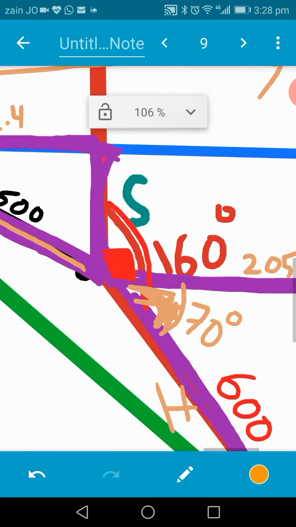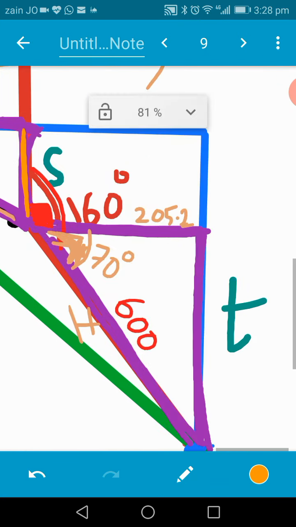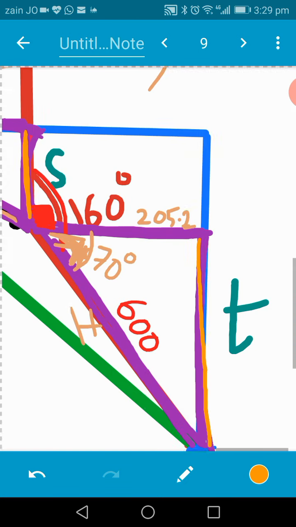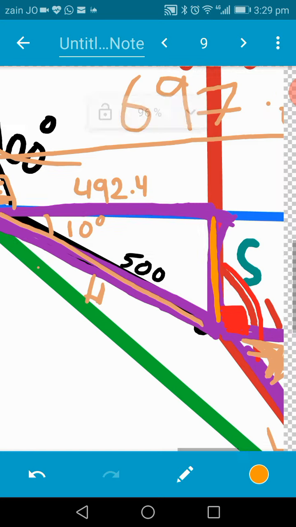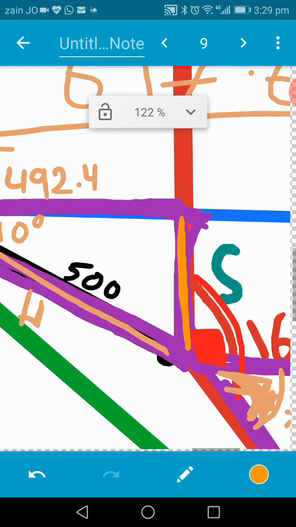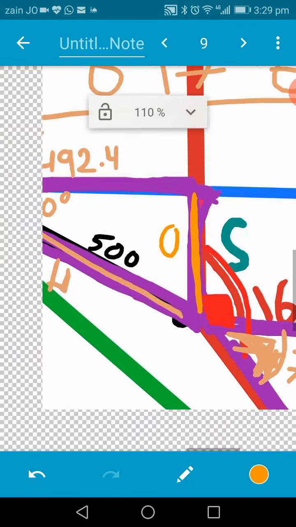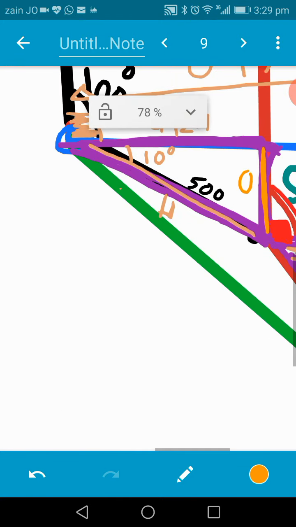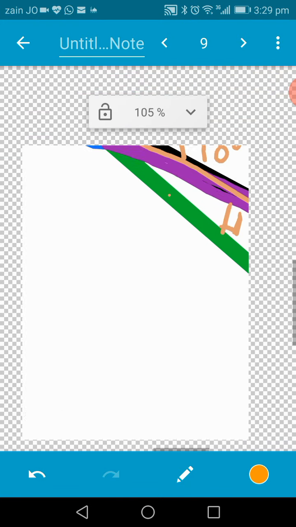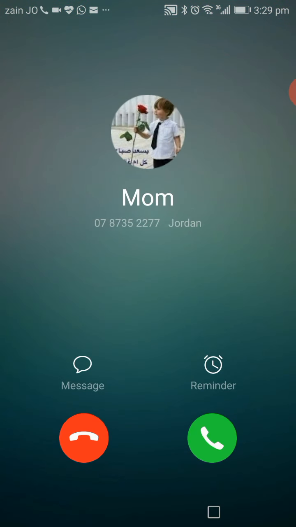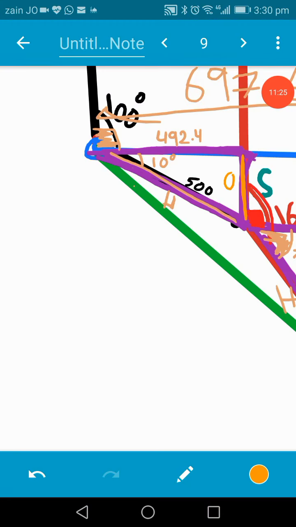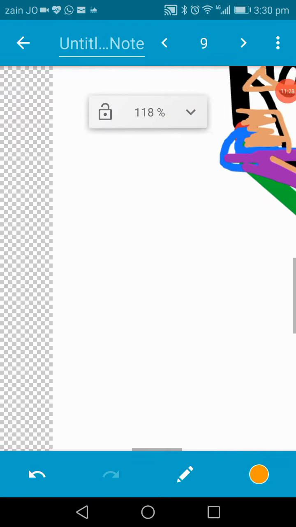Now S, teacher, is this side, and T is this side. S we take from this triangle. S now is opposite for this triangle, right? This is opposite over hypotenuse. So what is opposite over hypotenuse? It is the sine, right? So we use sine 10 now.